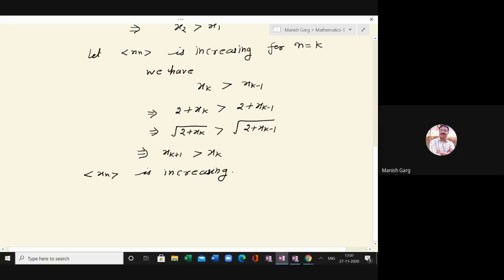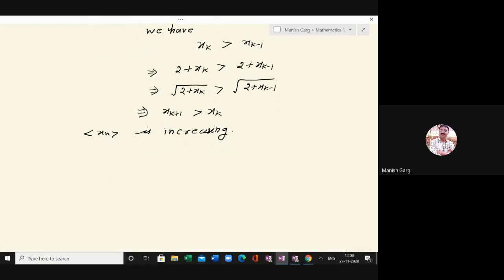Now we have proved that it is increasing. Now we want to prove that it is bounded; then we can say the sequence converges to its limit. So that is boundedness.